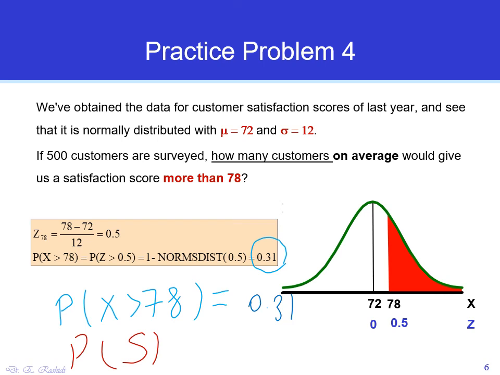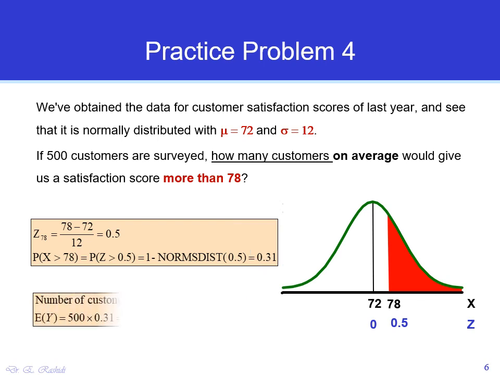So now we need to go back to our binomial distribution. The number of customers would follow a binomial distribution with n equal to 500 and probability of success equal to 0.31. So the expected value, or the average number of customers who would give us a satisfaction score greater than 78, is the expected value of Y, which is n multiplied by p. n is 500 and p is 0.31, and that's equal to 155.